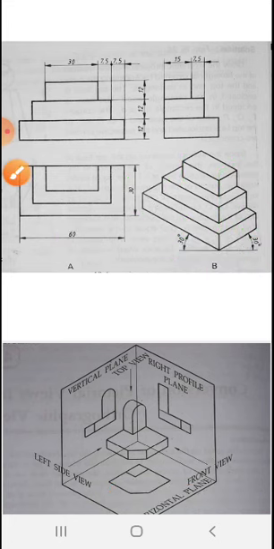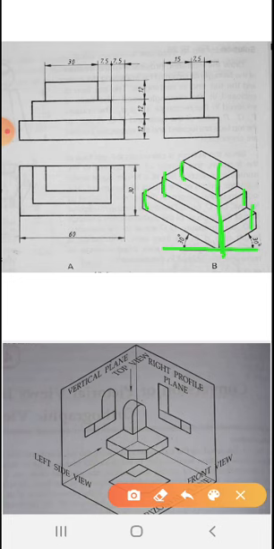This is the horizontal line. With the help of this horizontal line, the remaining height lines are perpendicular to the horizontal.